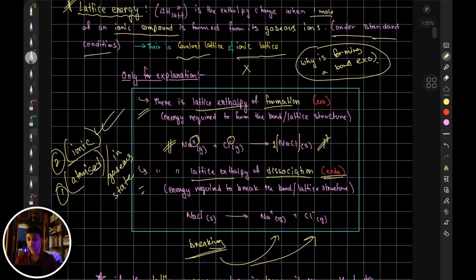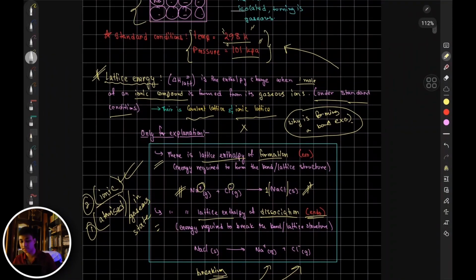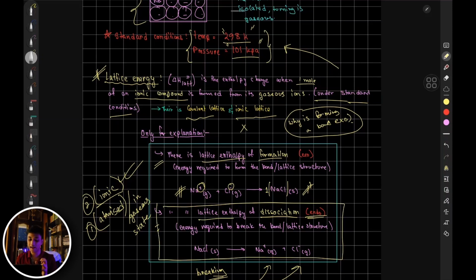So for question papers, when you're going to answer the questions, they're never going to expect you to mention dissociation, or to write that it's an endothermic process, because this is not actually the definition of lattice energy. Lattice energy actually means the energy released when the lattice structure is formed.